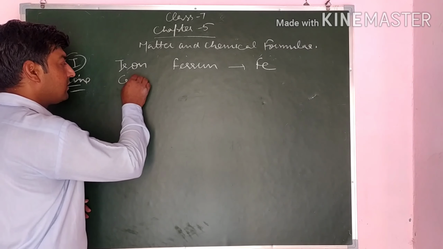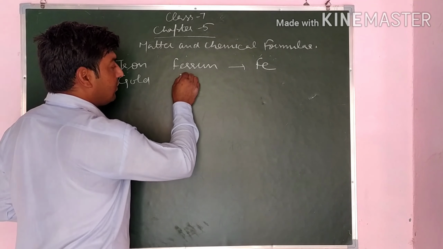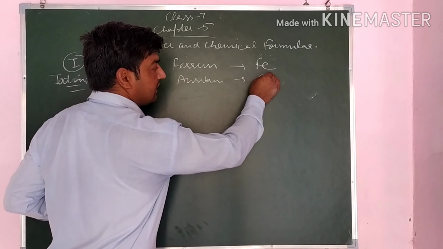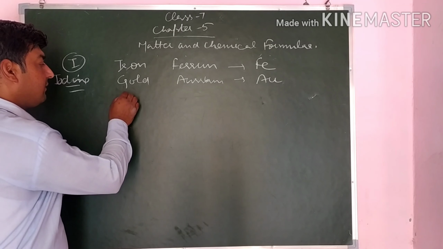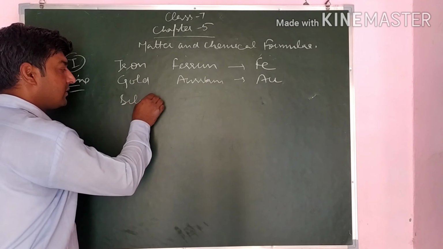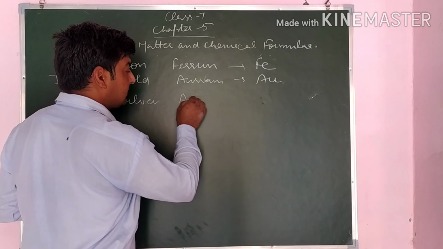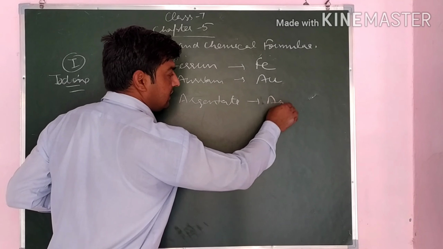Similarly, the Latin name of gold is aurum, so its symbol is Au. Next, we have silver. The Latin name of silver is argentum, so its symbol is Ag.